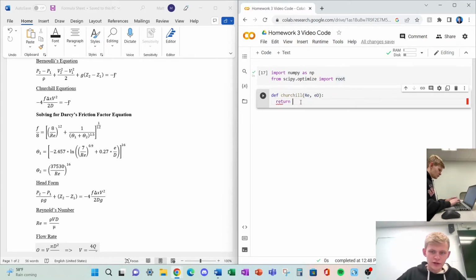And what we're returning is going to be this thing over here. But since we're solving for Darcy's friction factor, we need to convert it back into the Fanning friction factor.